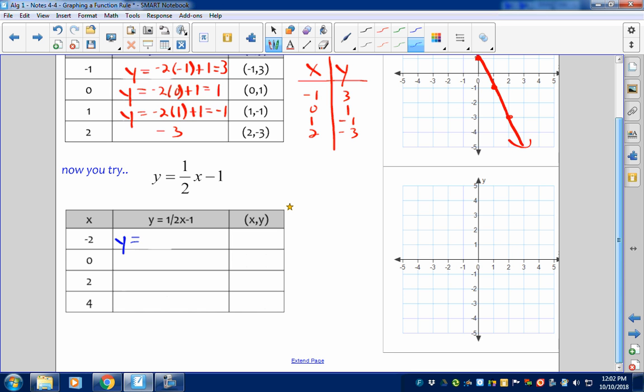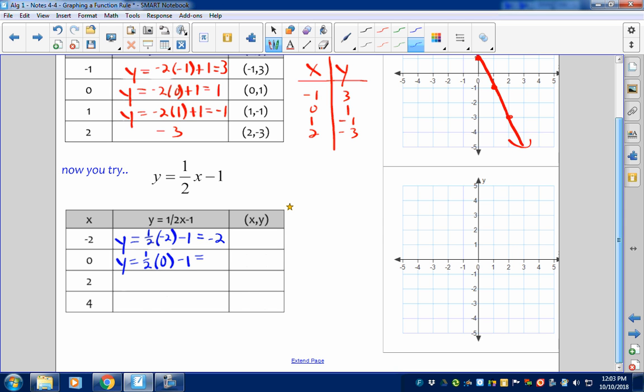And I'm using multiples of 2 because when I take half of a multiple of 2, I get a whole number. So it's 1/2 of negative 2 minus 1. What's 1/2 of negative 2? Negative 1. Negative 1 minus 1 is negative 2. Then I plug in 0.